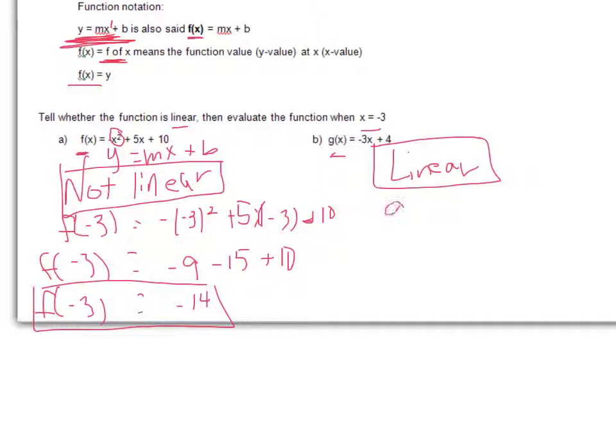The next thing is to find the value of the function where x equals negative 3, which means I'm just going to substitute in negative 3 for x. So g of negative 3 equals 9 plus 4, which would be positive 13.